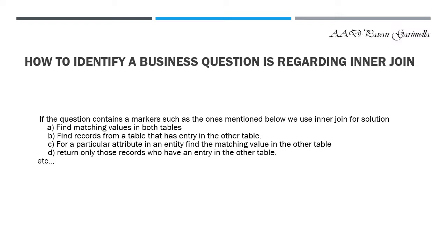If your business question has sentences with these kinds of meaning, you could usually consider them to be an inner join. There could be questions written in many manners since it's simple English language, but if you find that the end meaning of that particular statement could be any of these, then you should consider using an inner join for your output.